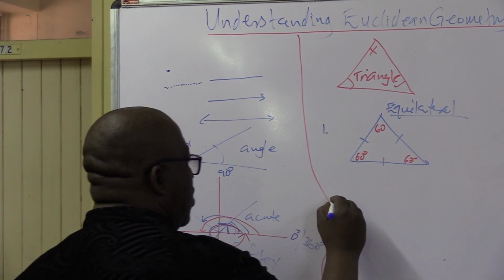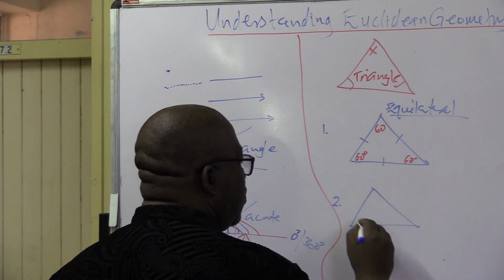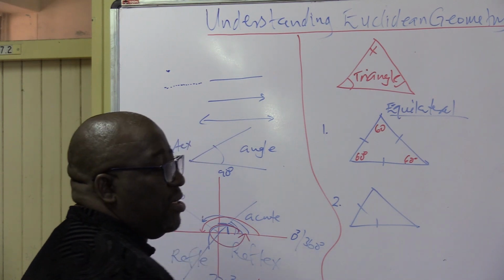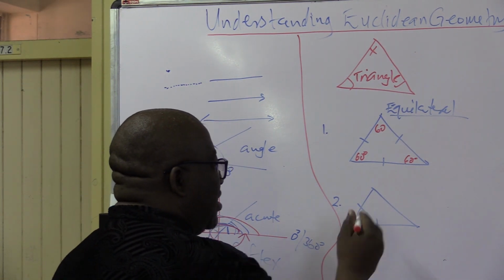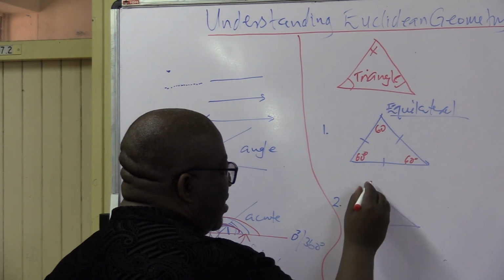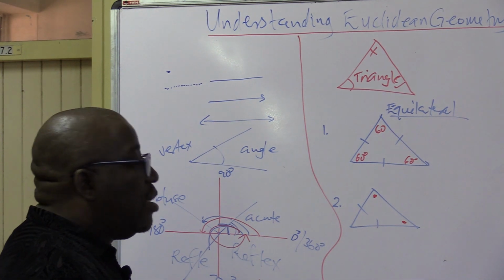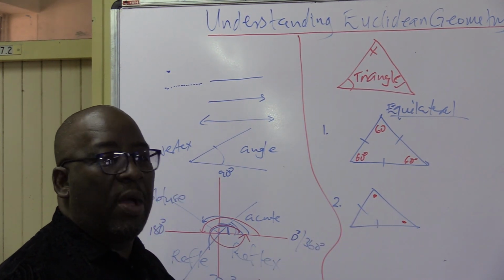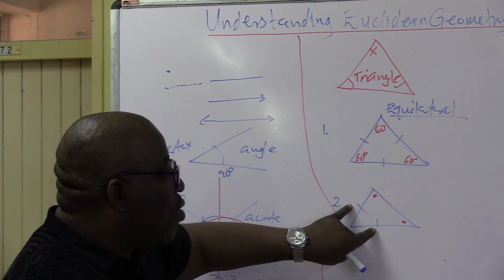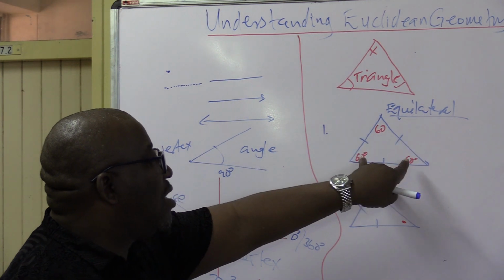Number 2, I've got to talk about the isosceles triangle. I'll try and move as quickly as I can. I'm not going to put it in a standard position. This angle has got that side opposite it. This side has got that angle opposite it. So the angles opposite equal sides will also be equal.